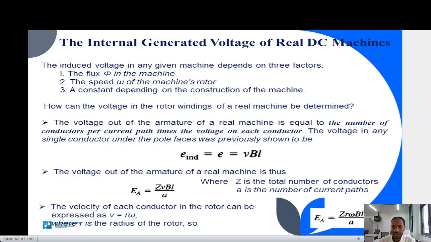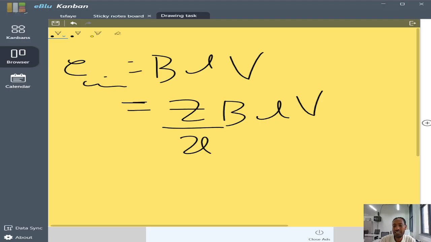It means the voltage of the armature of a real machine is going to be the number of conductors per path. For each conductor, there are different paths that we may see some other time. This path depends on the armature connections.